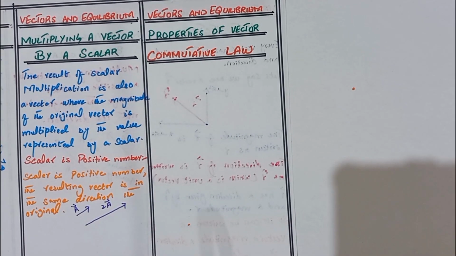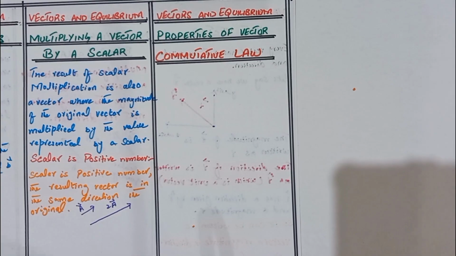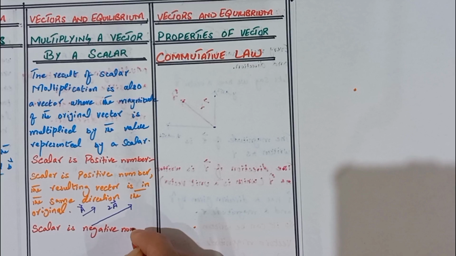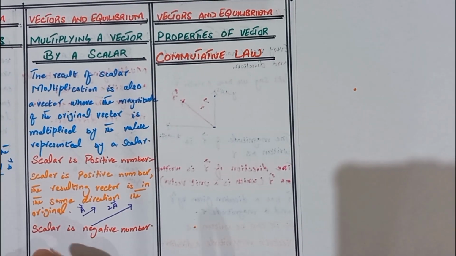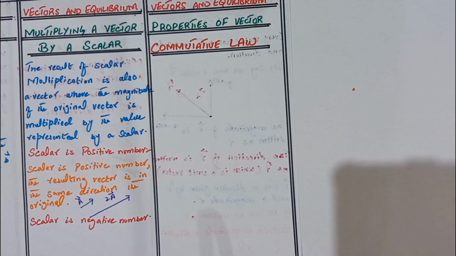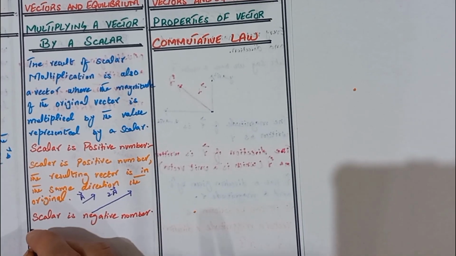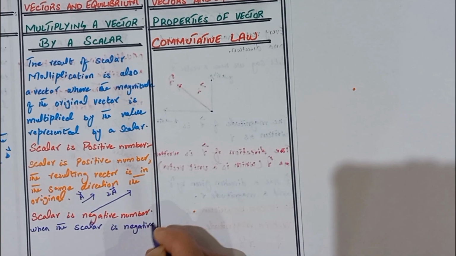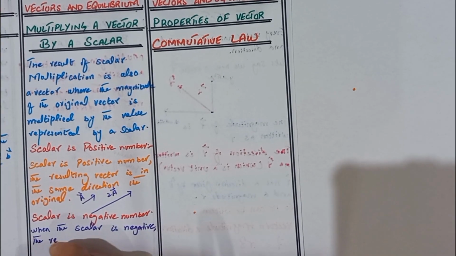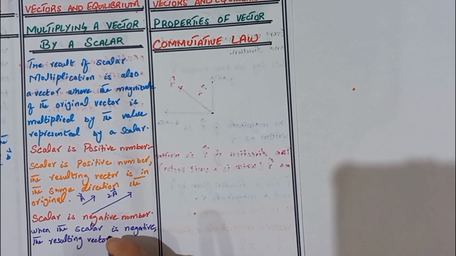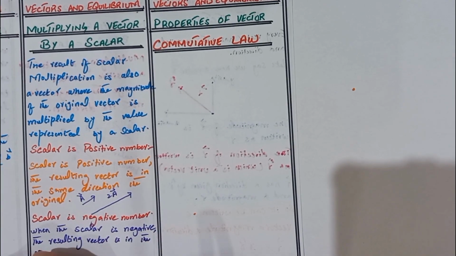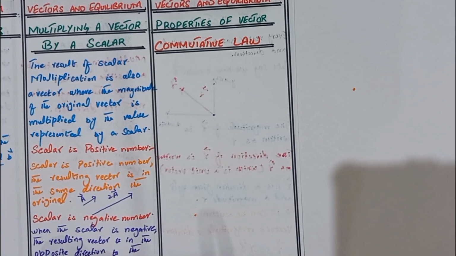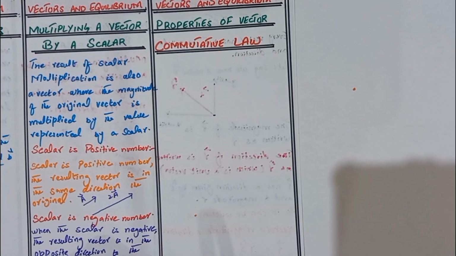Now we take the scalar that is a negative number. When the scalar is negative, the resulting vector is in the opposite direction to the original vector.